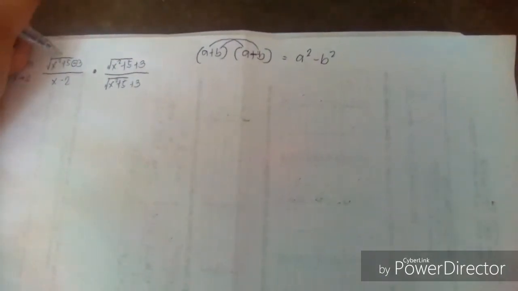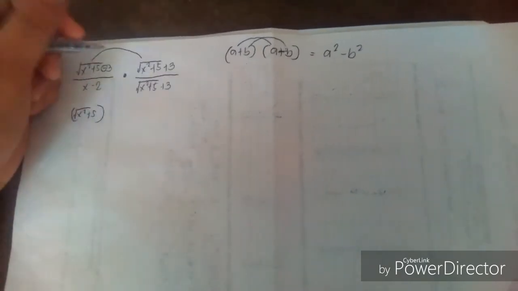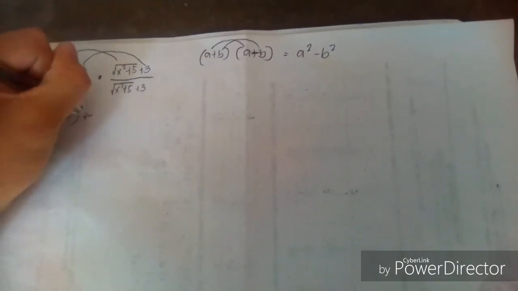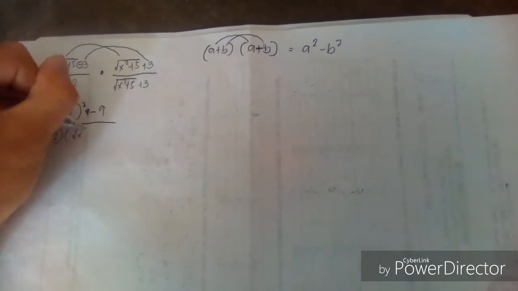So we multiply the first term, the square root of x squared plus 5, times itself, so it's the square root of x squared plus 5, squared. And then negative 3 times positive 3 is negative 9, over, just copy the x minus 2 times the square root of x squared plus 5 plus 3.